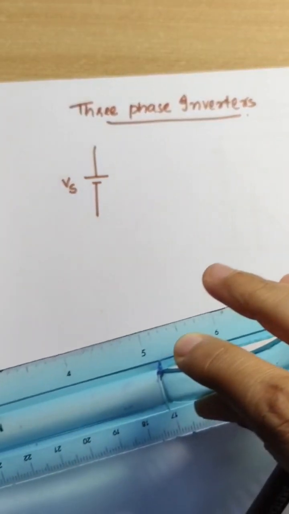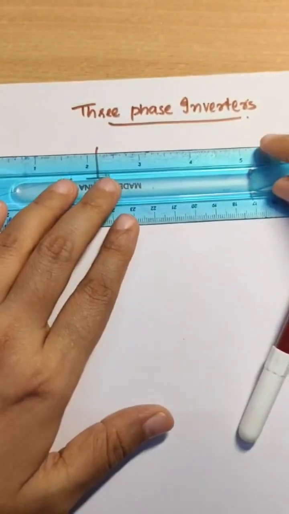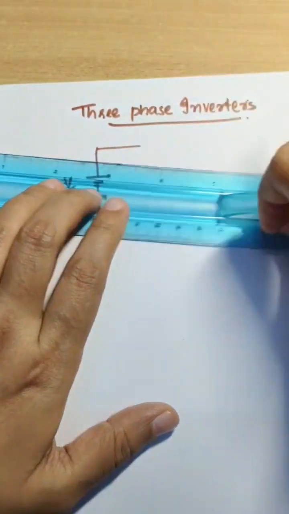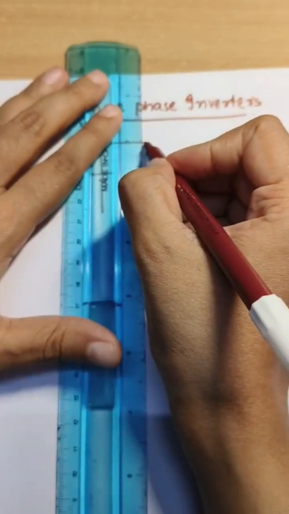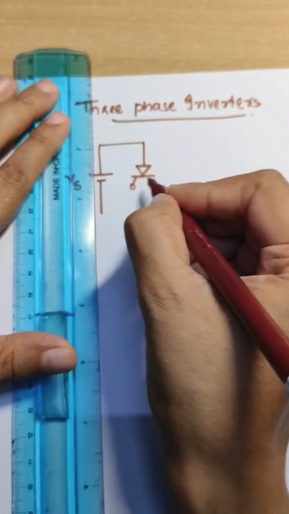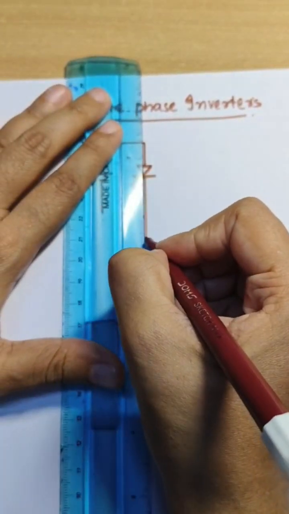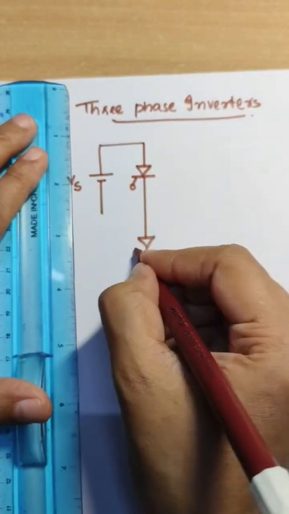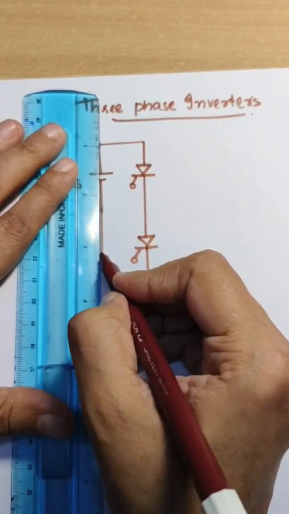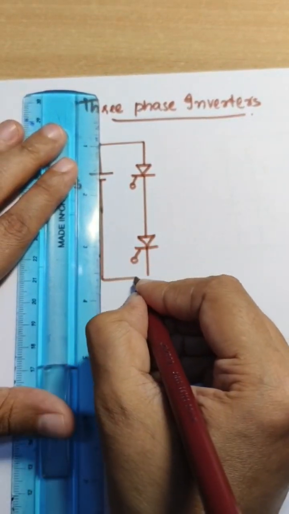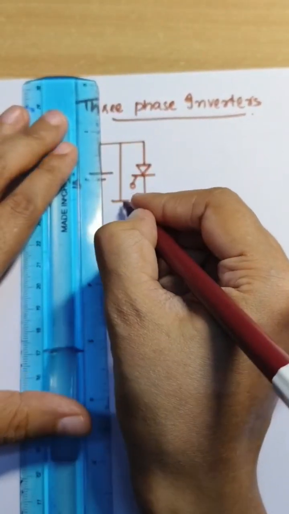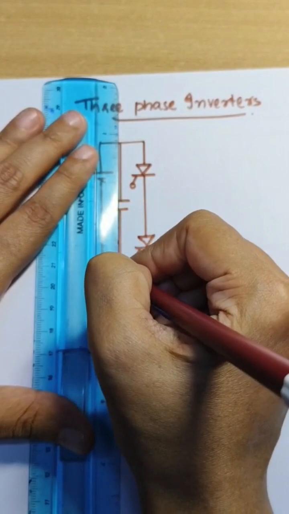Here there are 6 semiconductor switches for the three-phase inverter. Here the switch considered is thyristor. And at the input, to provide a constant DC supply, a capacitor is connected.